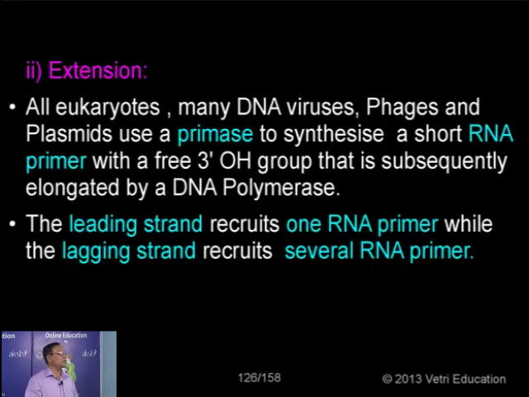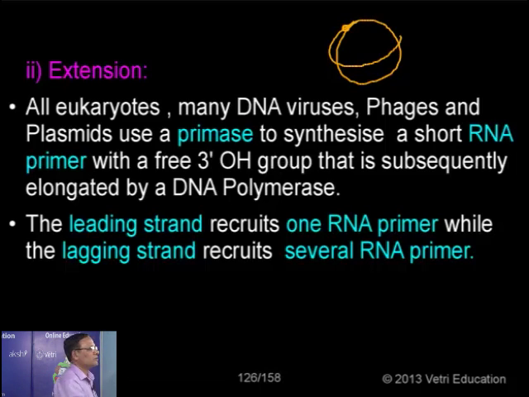Now in the case of, for example, E. coli bacteria, the DNA is more or less circular. The origin of replication occurs here, so it always produces what is called a theta structure.